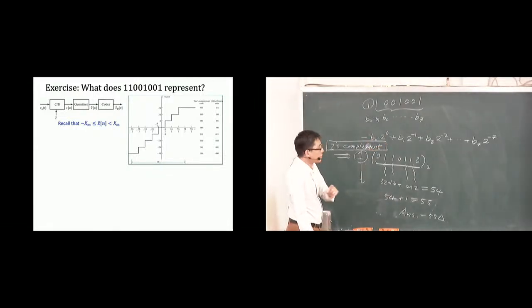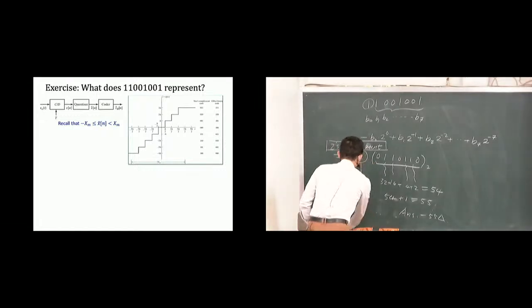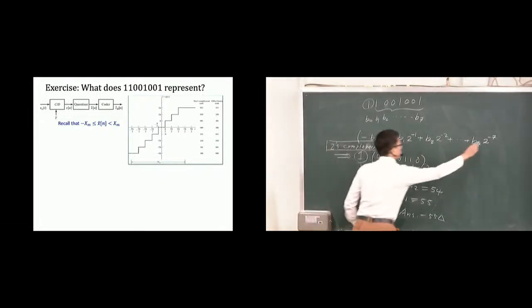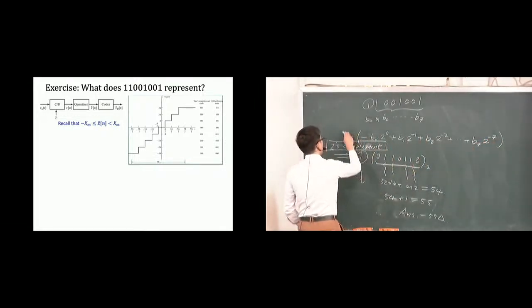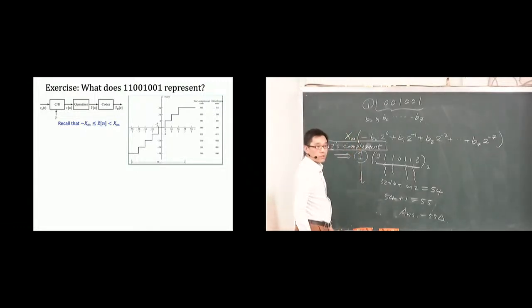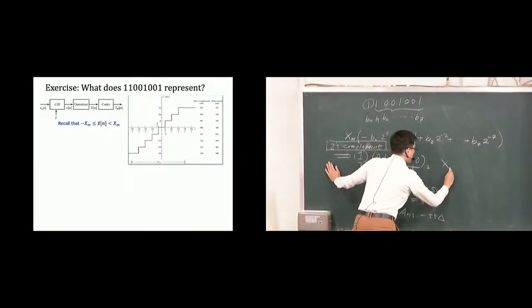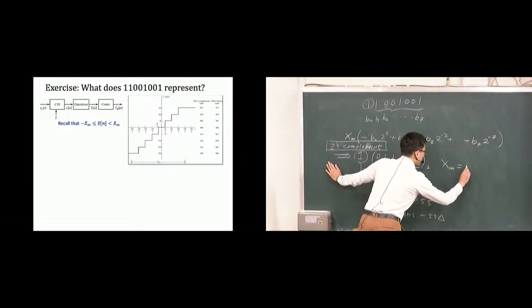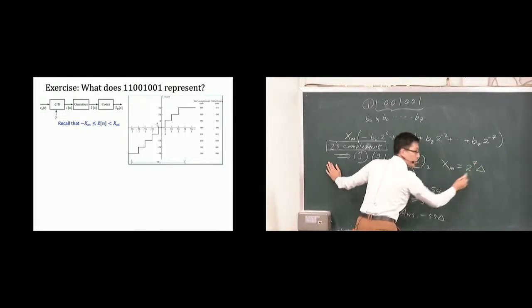Yeah, exactly. So it depends. I argue that if you multiply by full range, that might be what it is trying to say. Because full range now is going to be 2 to the 7th power delta.